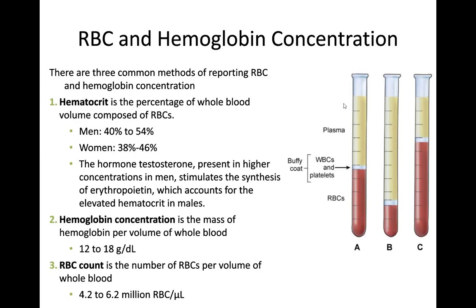And so looking at the three test tubes over here on the right, we are illustrating a normal condition, and then one where there's too few red blood cells and one where there's too many. So which of those is just right and what we would want to see as a normal condition, A, B, or C? A. Okay.